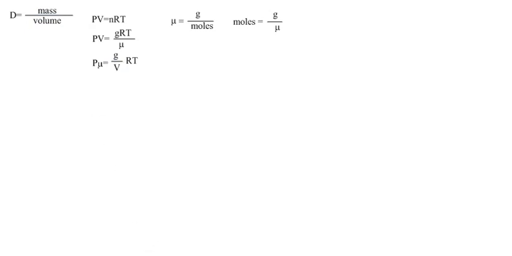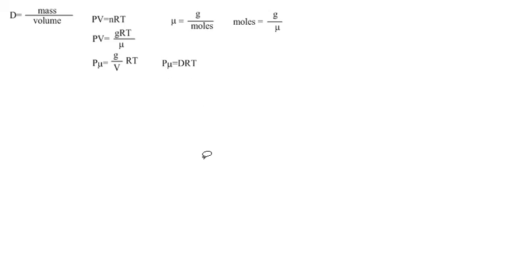And I'm going to substitute in D for density where we had grams per volume, and we get a relationship between pressure, molar mass, density, and temperature, or as I like to abbreviate it, PM equals DRT.